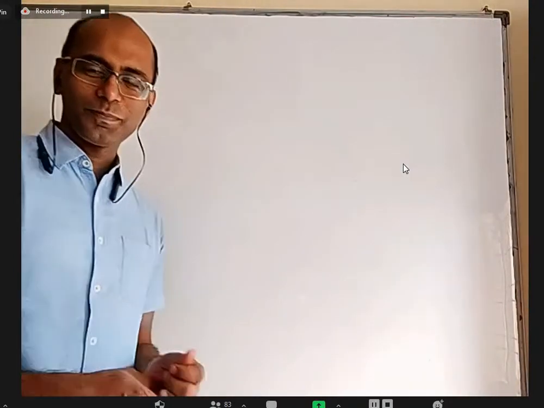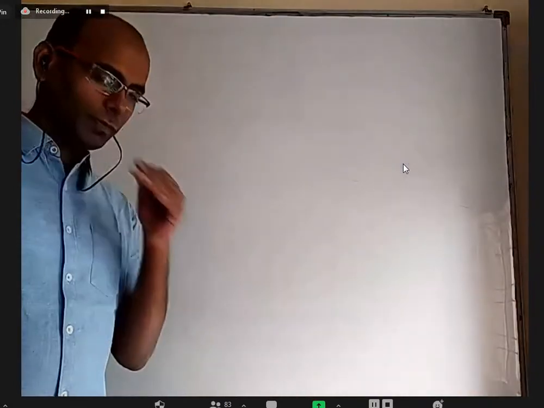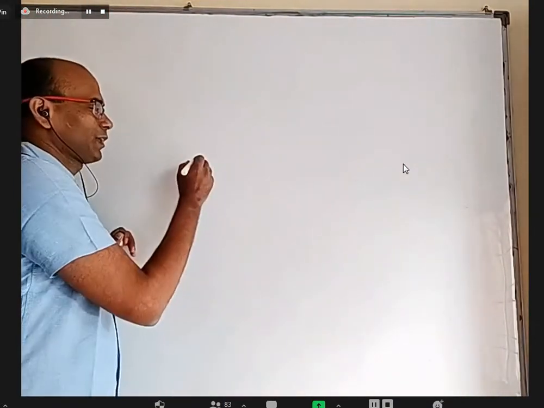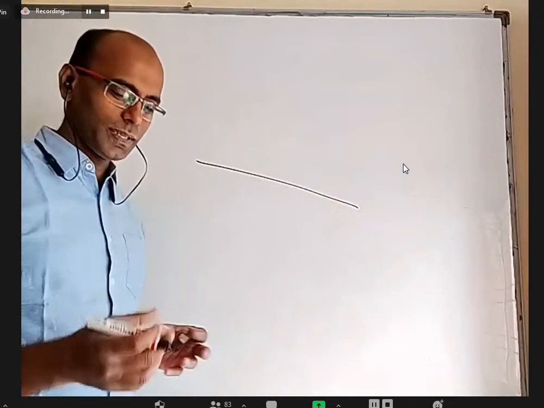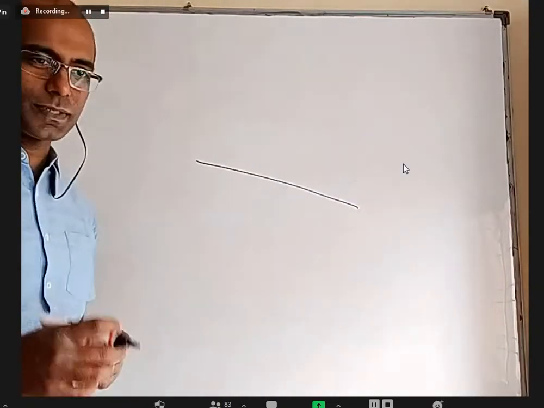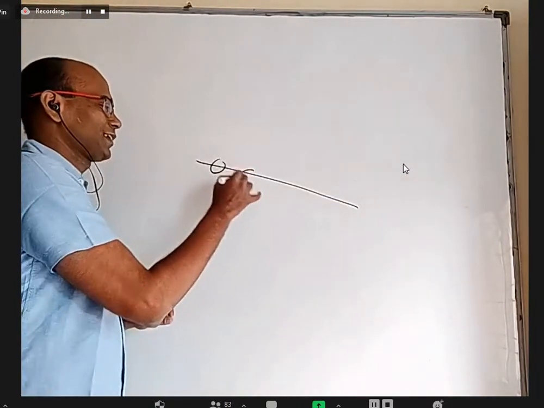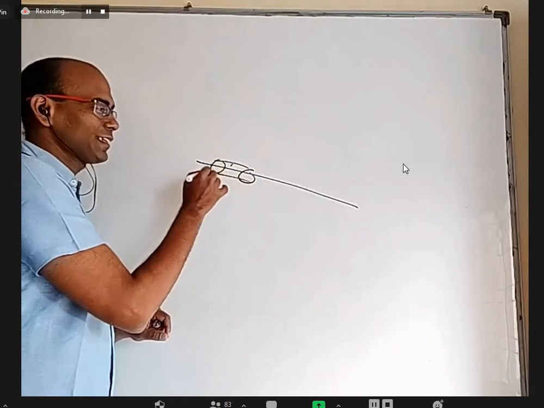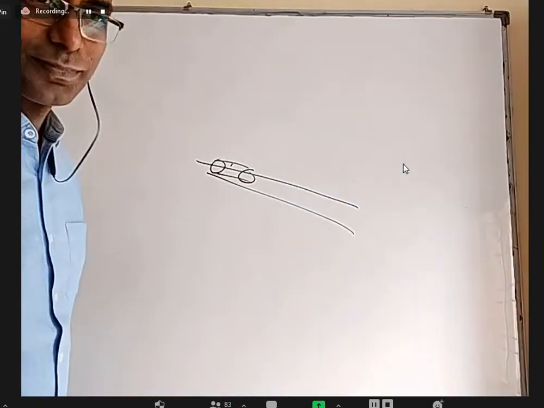Zip liner. I'll send the photo, it will be very nice. I can take the video also. I have a big balcony, and from one end to the other end I tied a rope. I have a hollow plastic pipe, not hard, soft, and I kept it on the rope. He will just hold it and go. Nice, sir.